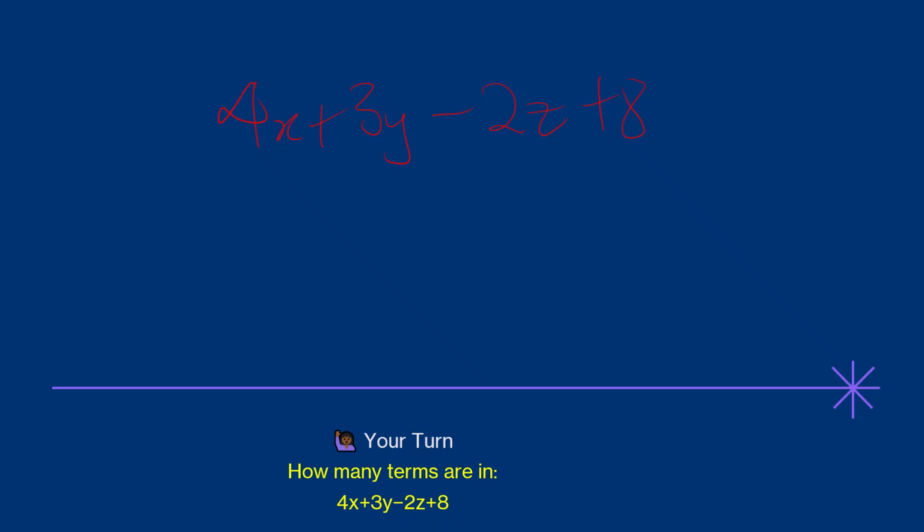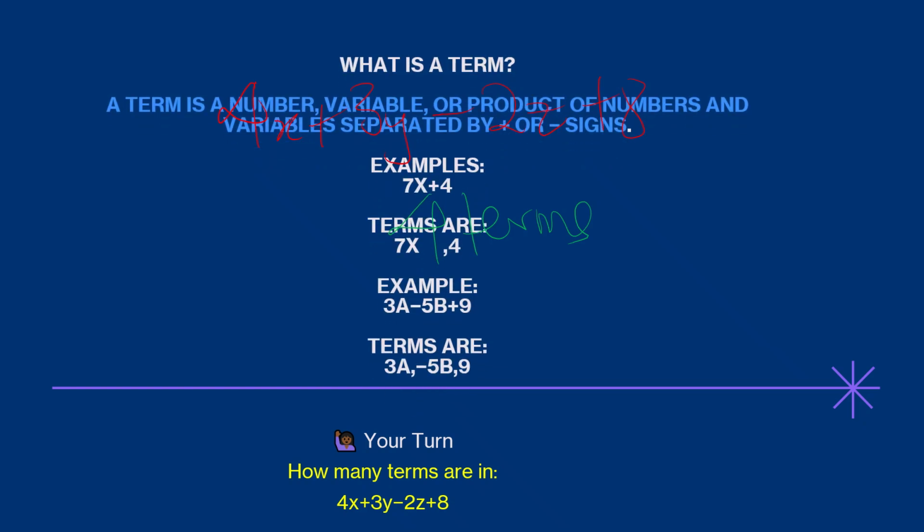I believe you got the answer correct. We have 4x, 3y, 2z, and 8. That is 4 terms.